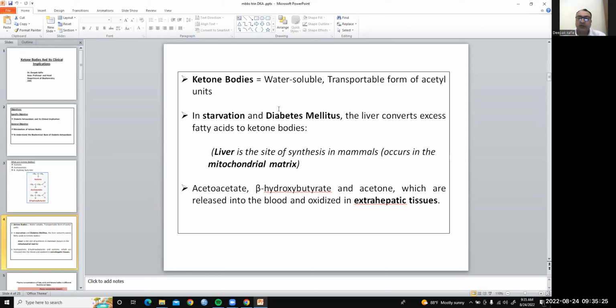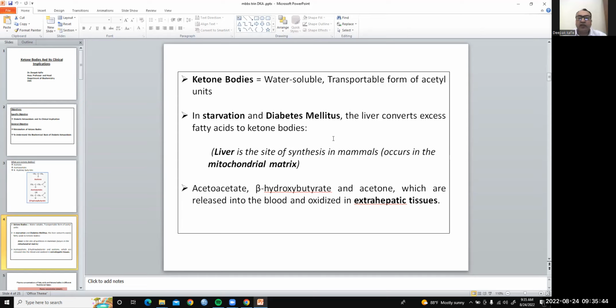In these conditions also, ketone bodies will be formed, and sometimes they are also formed in subjects who are on a ketogenic diet. That diet we also call the Atkins diet. In that condition, ketone bodies are also formed.